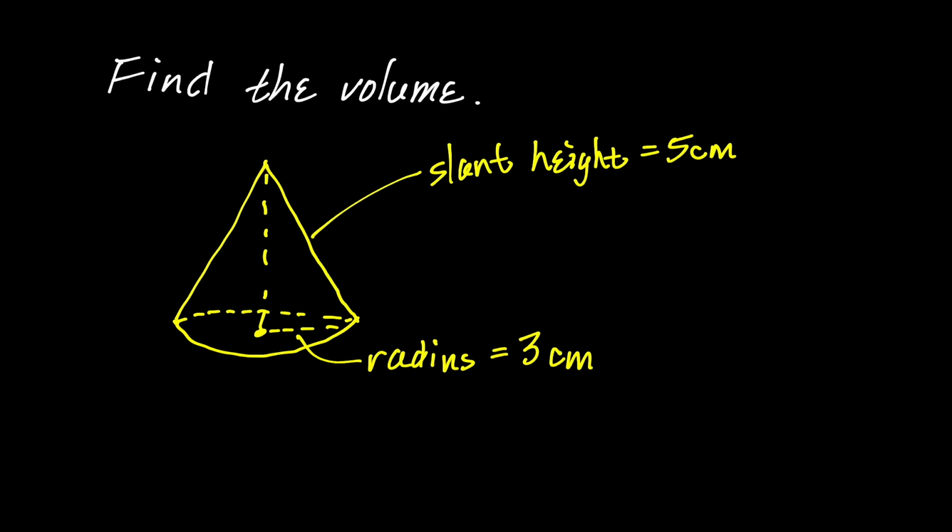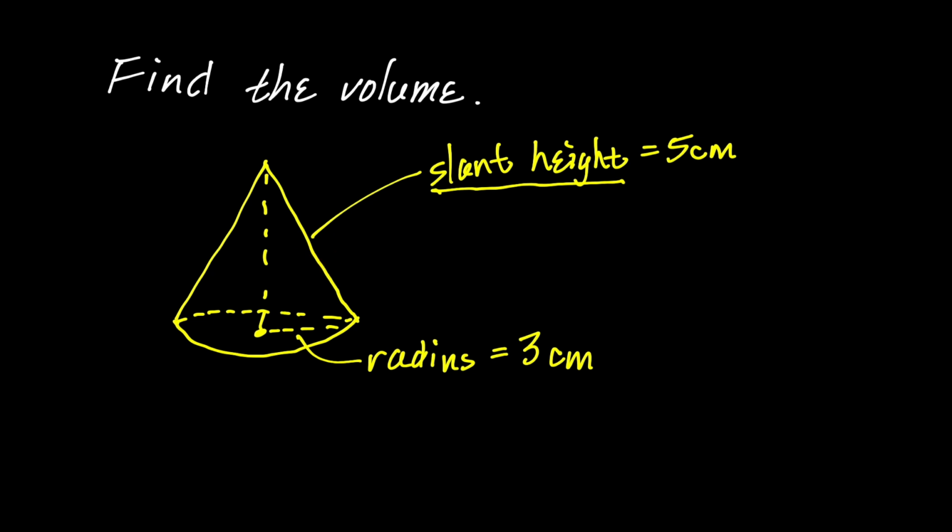Here's a problem that introduces something new, the slant height. The slant height of a cone, I misspoke, I said pyramid, same thing. This distance that I'm tracing right here is the slant height. And this distance, the radius, is also given.